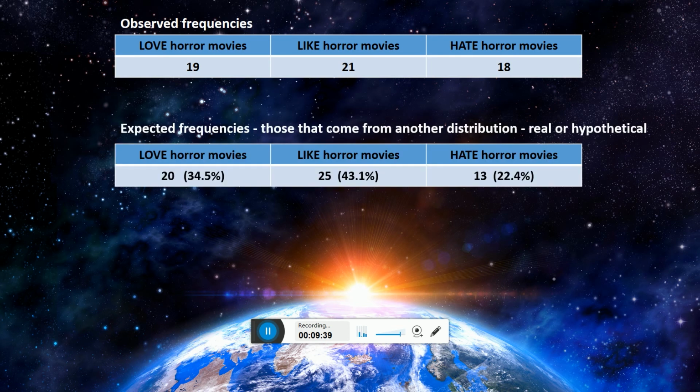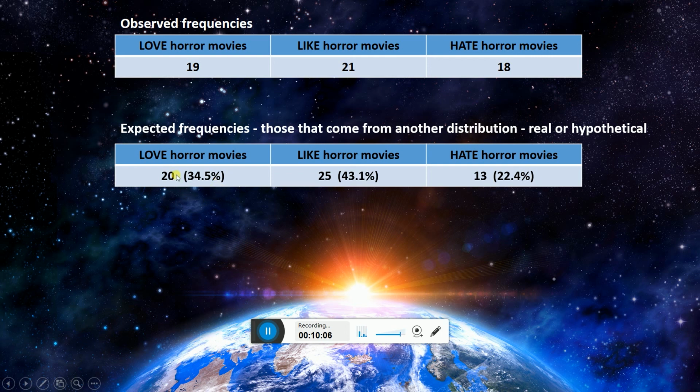So we call up the Bureau, and we ask them what percentage of people nationwide love, like, and hate horror movies. And they respond that approximately 34% of the population loves them, 43% like them, 22% hate them. So now we have the percentages within each of those categories.